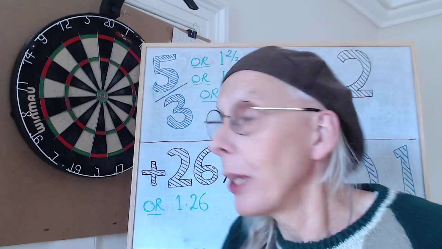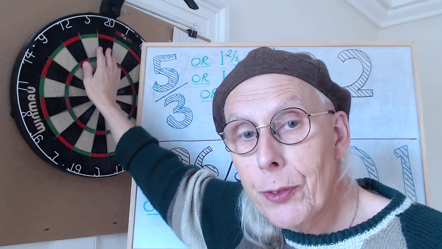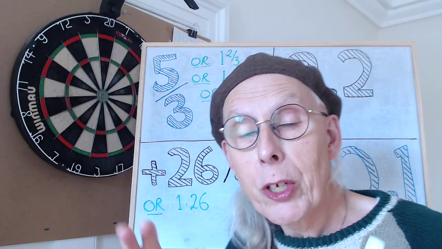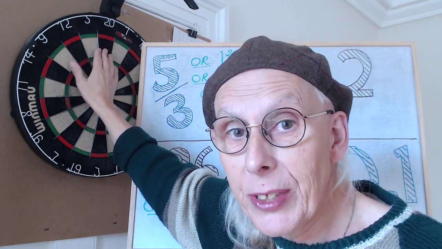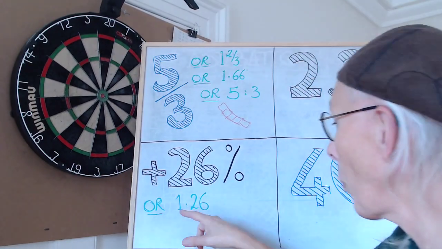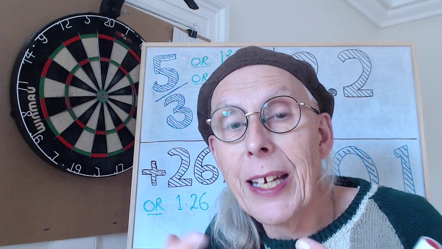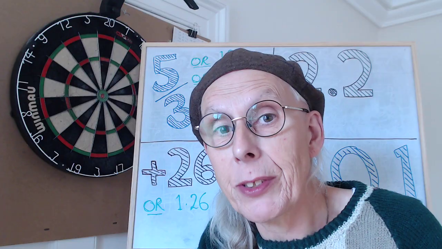It's like an enhancement. So if you threw darts at random at the 20 segment and they all went into the segment, your average score for those 3 darts would be 60 times 1.26, or in other words, you'd get 26% extra above your 60, which works out to be around 76.